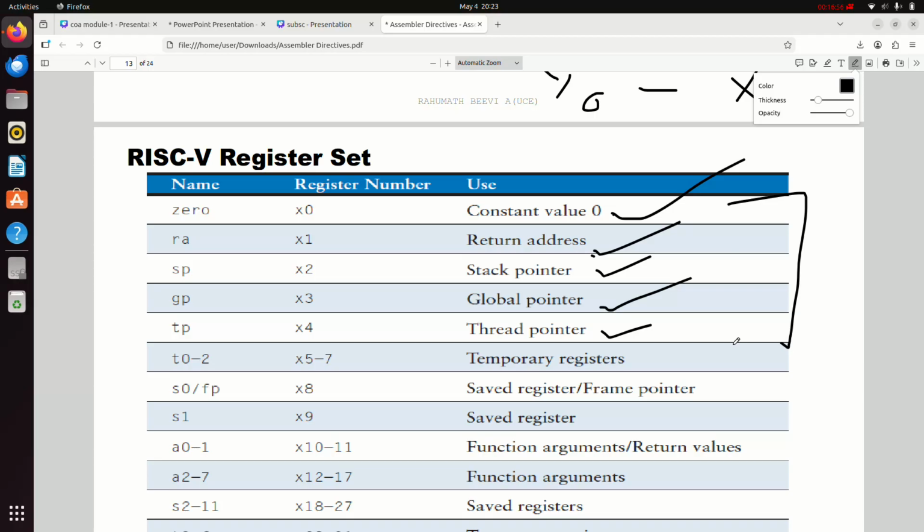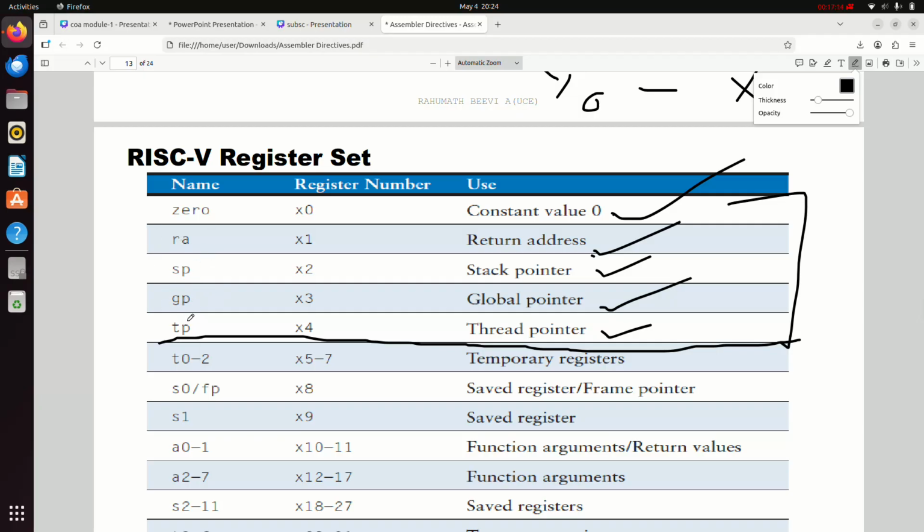Up to this much it will be easy to learn, right? If you first try to learn up to this much: x0 is 0, return address RA, stack pointer SP, global pointer GP, thread pointer TP.